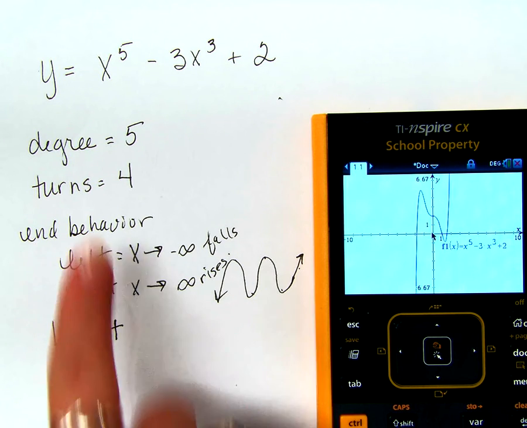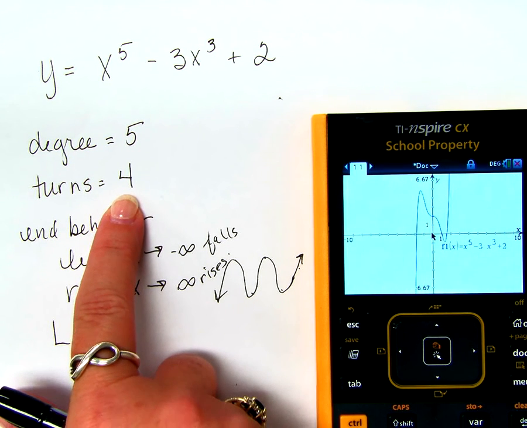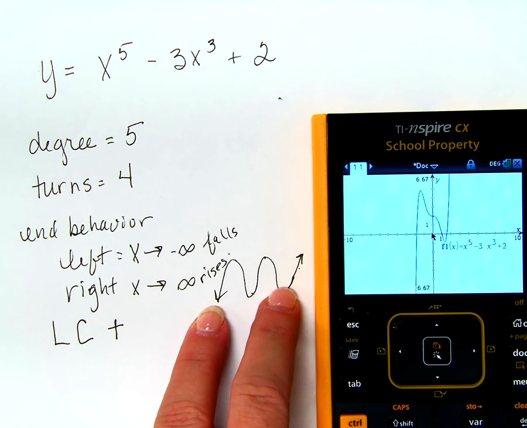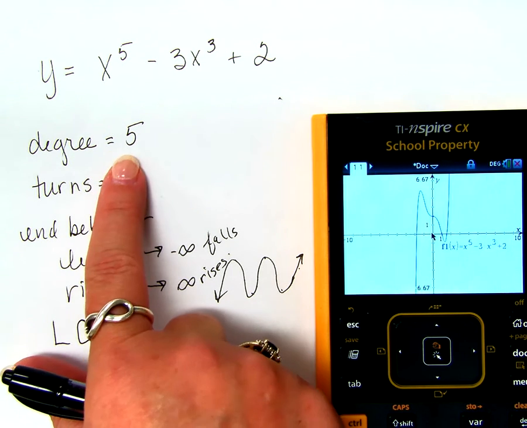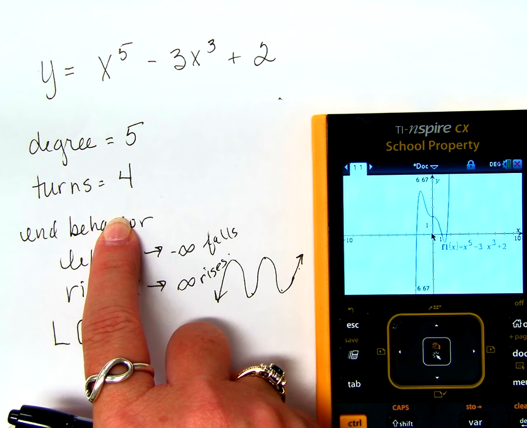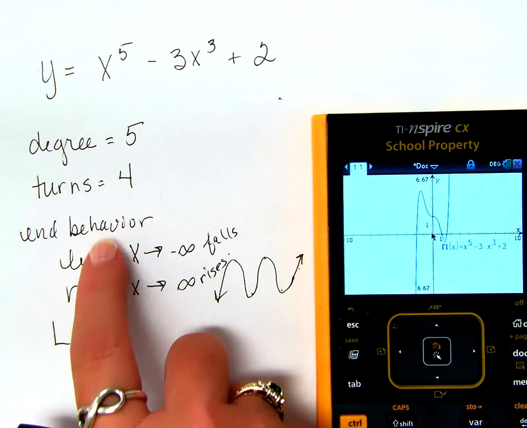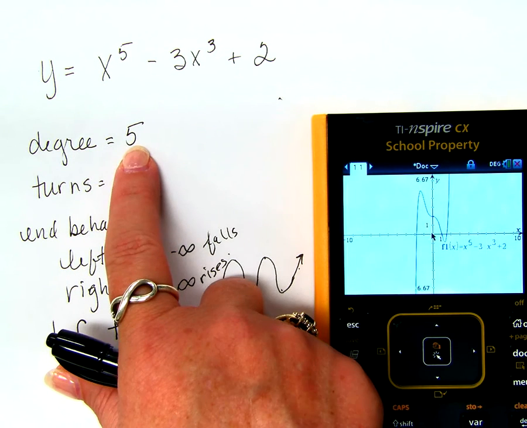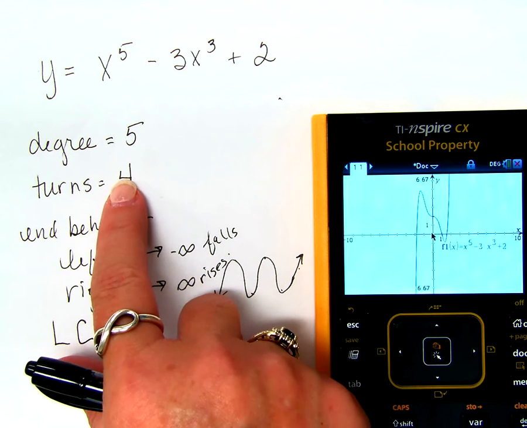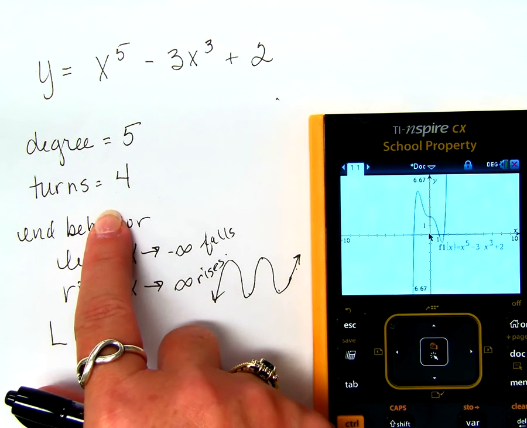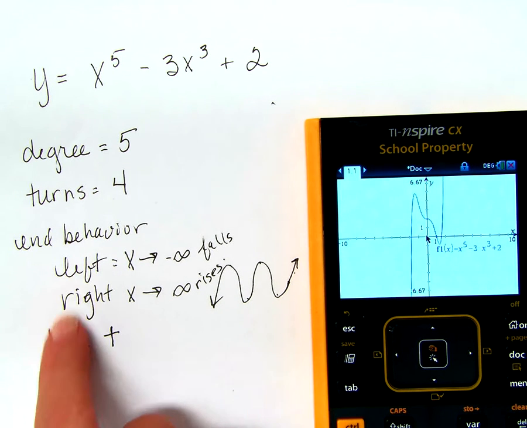Okay? Now we know it's maximum of 4, right? Could it be 3? No. If it's 3, our end behavior is going to be the same. No. So if our degree is 5, we would have 4 turns or 2 turns. Or 0? Yes. Okay. What if my degree was 8? I would have maximum of 7 or 5 or 3 or 1.